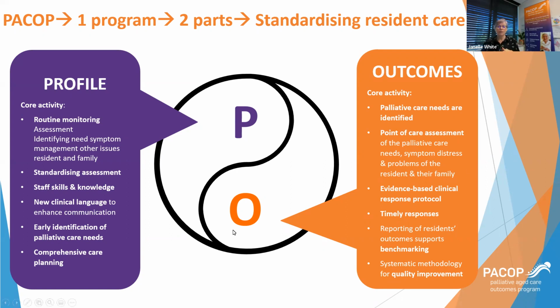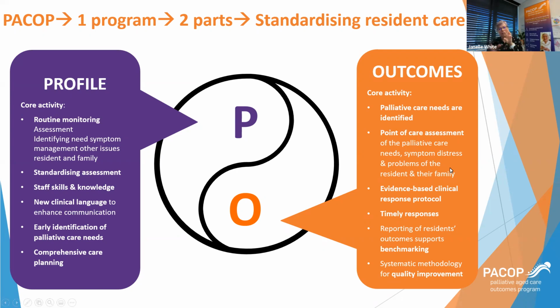It also helps with comprehensive care planning. And the really cool thing is it has unique decision-making tools to help staff know when their needs are increasing to the point where they really need comprehensive palliative care. So all of those things are facilitated through the profile.